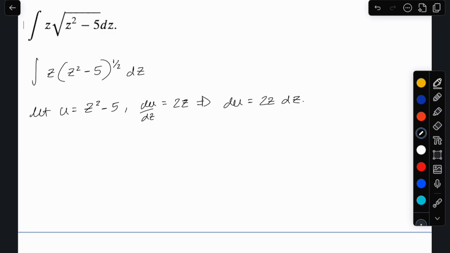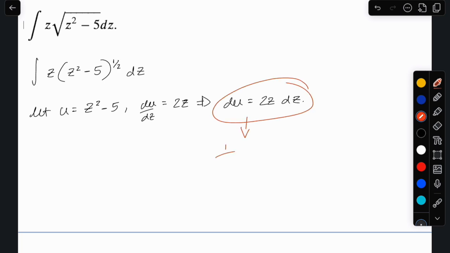So with this now, we can push this further, and we've got our u here, but over here we've got z dz. So what do we do? Well, what we need to do here is we need to make an alteration.